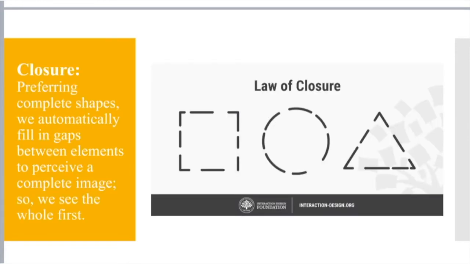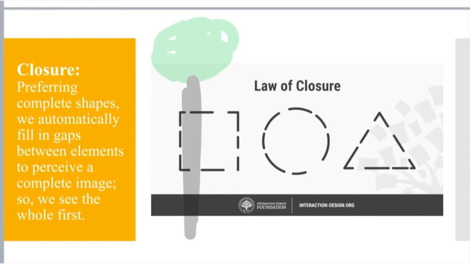The next one we are going to look at is closure. The law of closure means that we prefer completed shapes, and our brain automatically fills in the gaps between elements to perceive a completed image. So we see the whole first. This can be true also, like if you're outside and you're doing your scavenger hunt and there's a tree here, I don't know, a tree here.